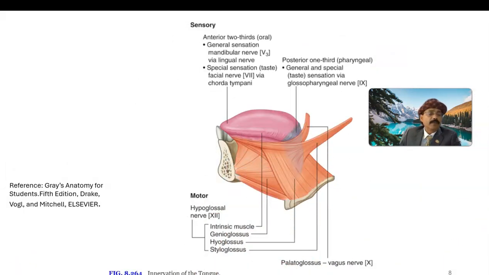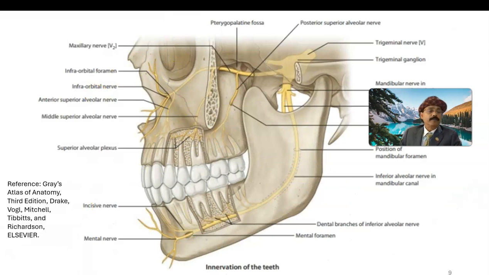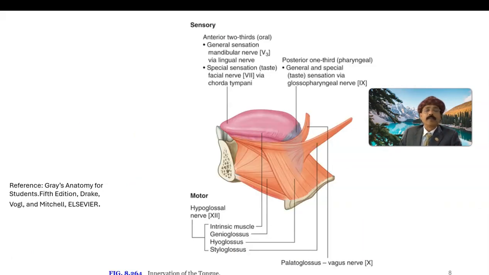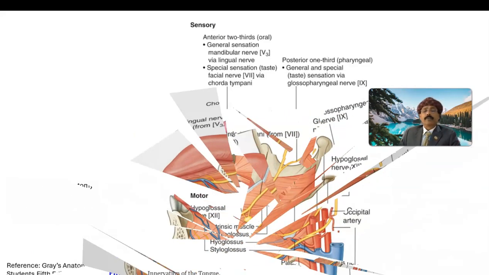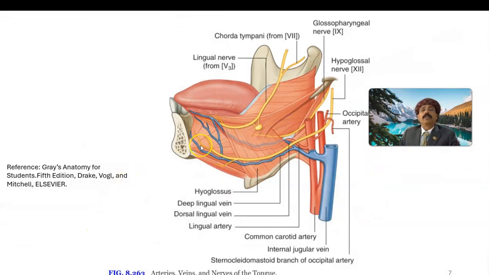And regarding the nerve supply, if we go there again, okay, so here we have the lingual nerve. The lingual nerve also gets a contribution from the chorda tympani nerve for special sensation.